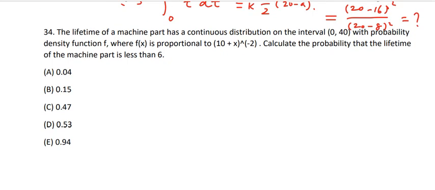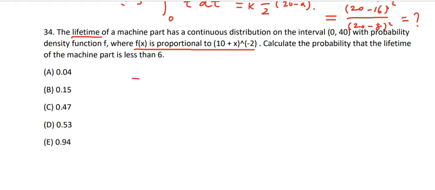So problem 34 is quite the same. This x means the lifetime of a machine, which has a continuous distribution over 0 to 40, and the density function f(x) is proportional to this.